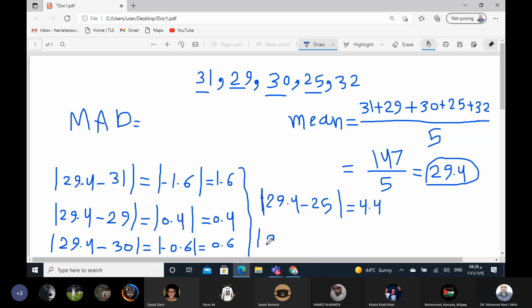Then the distance between the mean and the last value is negative 2.6. With the absolute value, we turn it to positive, so it will be 2.6.